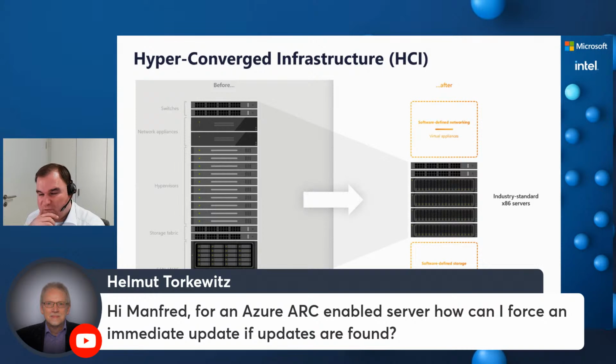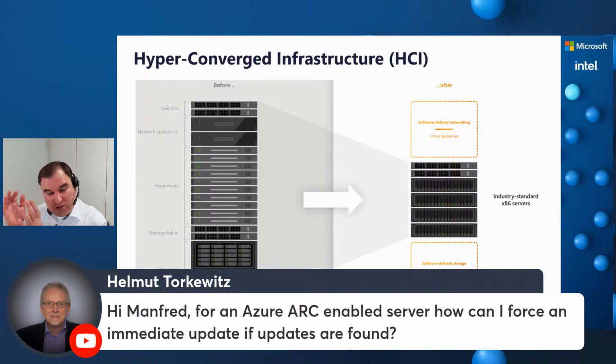So if we have a server Azure Arc enabled, we can activate additional related services. We can, for example, use Azure Arc to enable Azure Monitor on such a server, or to enable Azure Policy Management. And Azure Update Management is also an option that can be activated for an Azure Arc enabled server.